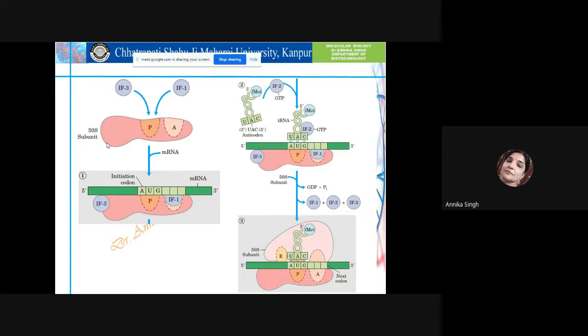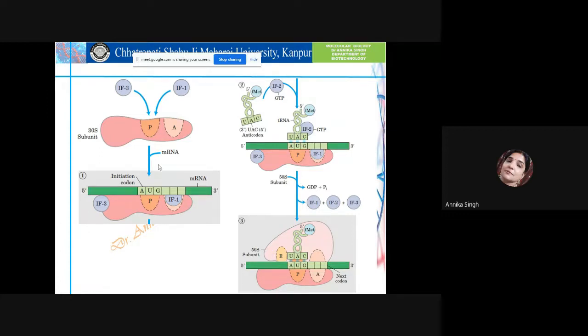So in the first step, the 30S ribosomal subunit binds to initiation factors IF1 and IF3, and factor IF3 prevents the 30S and 50S subunits from combining prematurely.